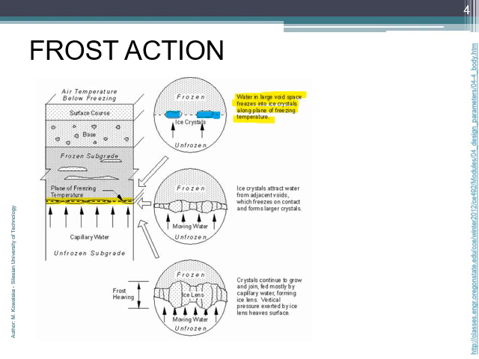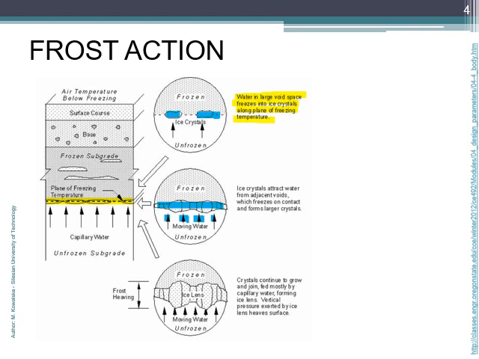Then, as water freezes, a high degree of suction is created. It is because the vapor pressure of ice is much lower than that of water, and so it draws water upwards towards the frozen layer where it freezes and finally forms larger crystals.